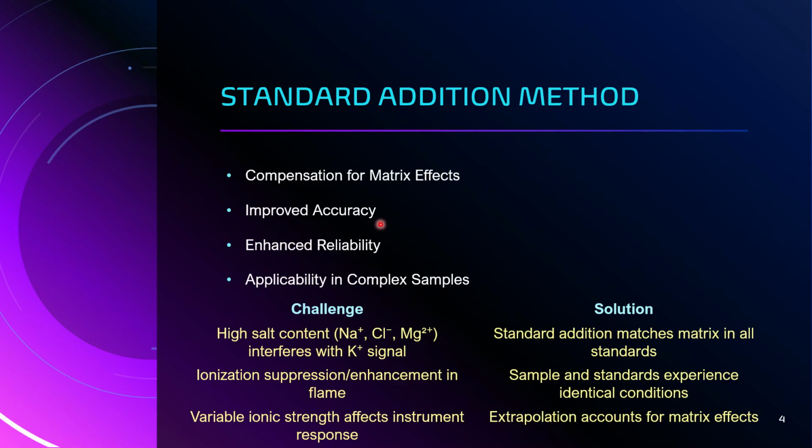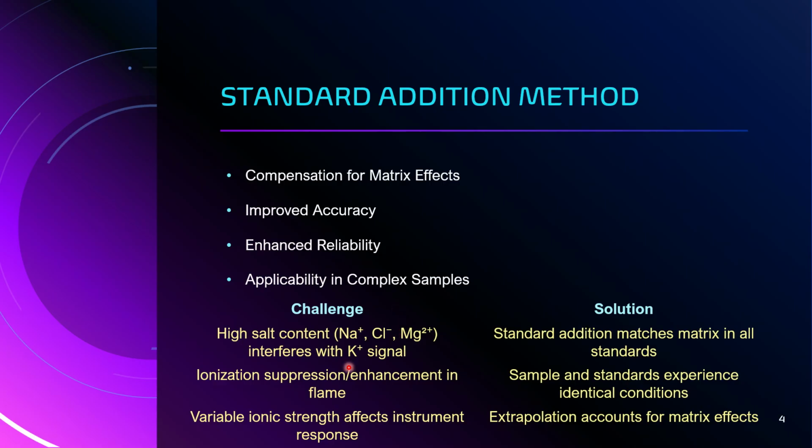So improved accuracy is there, there is enhanced reliability, and as I have already told you, when you are dealing with complex matrices, complex samples, you can use that. It is only a tool. We are making you understand that this method can be used to determine your analyte concentration accurately and with reliability in samples where you have a complex matrix, such as potassium in seawater or iron in your blood sample.